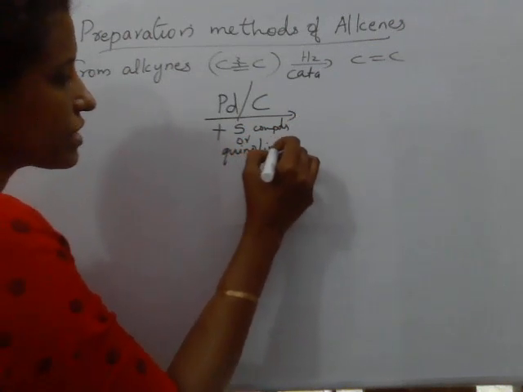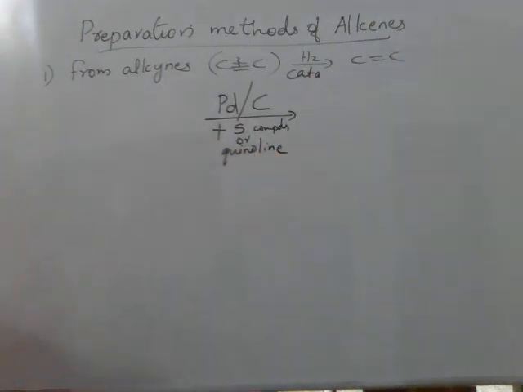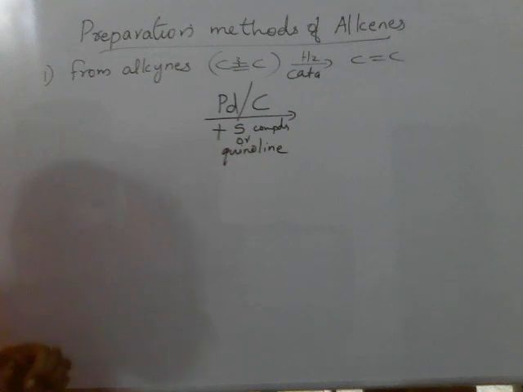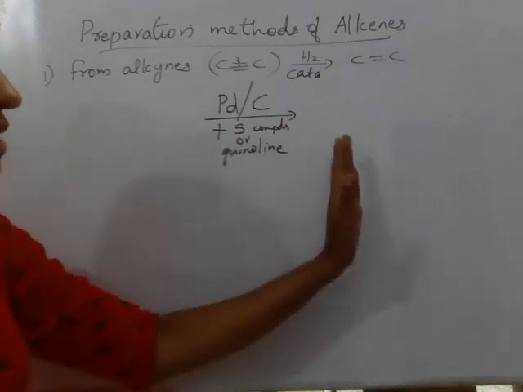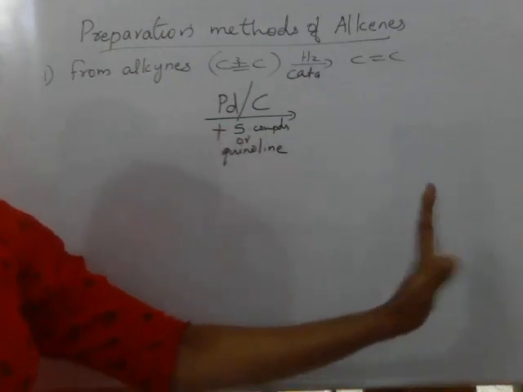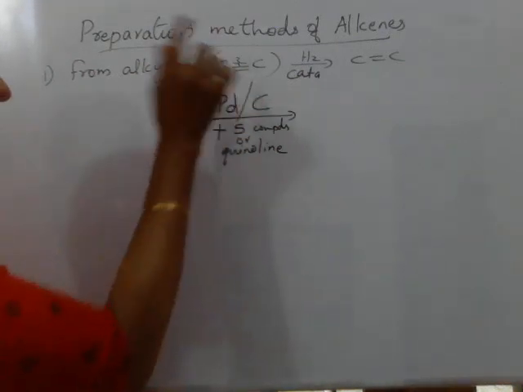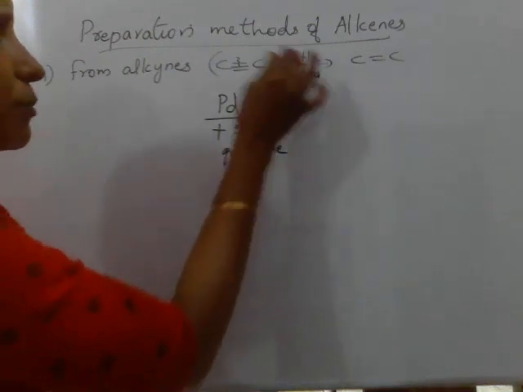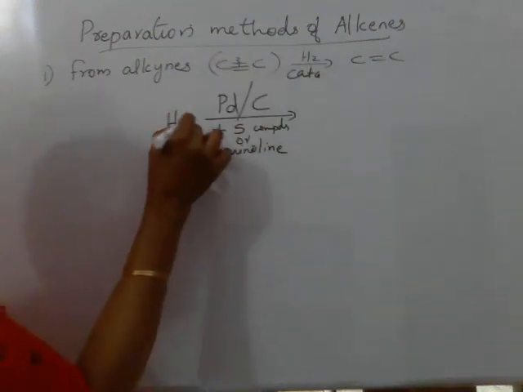These are called poisons. Quinoline or sulfur compounds are added to palladized charcoal in order to reduce its catalytic activity so that we can stop the reaction at the alkene stage. It will not proceed further to form alkane. Only one of the pi bonds we need to break.